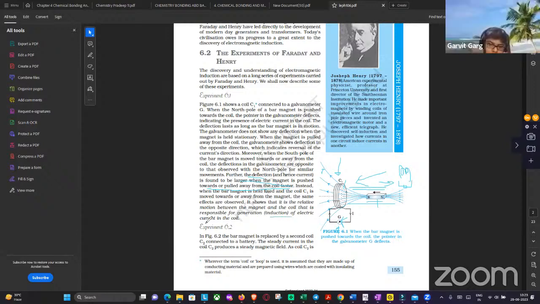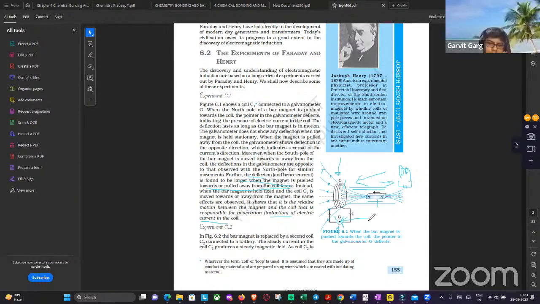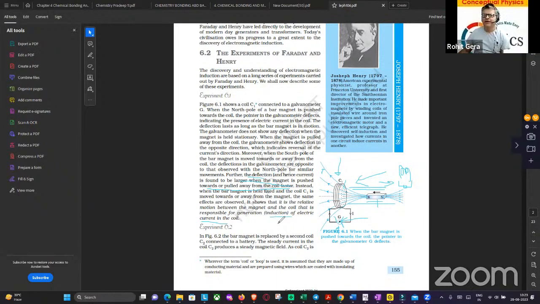So there is deflection means galvanometer तो deflection तभी दिखाता है जब current होता है. If there is a current, you will see the deflection. So this process of being able to produce current in closed circuits by the use of relative motion between a magnet and the coil is known as the process of electromagnetic induction.